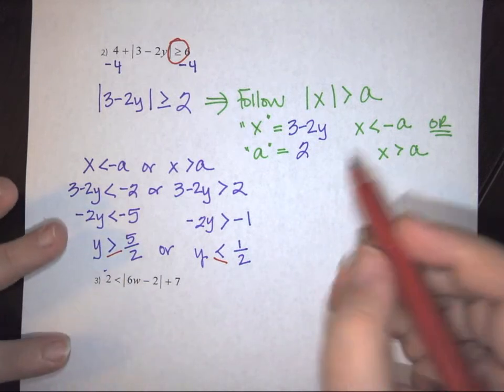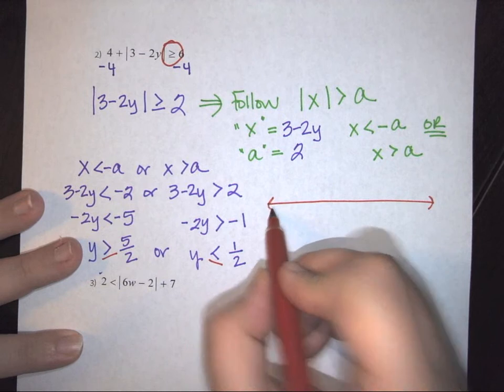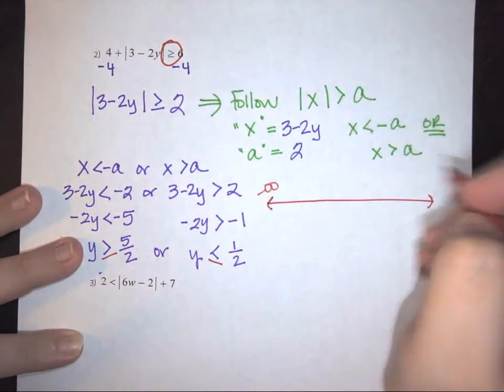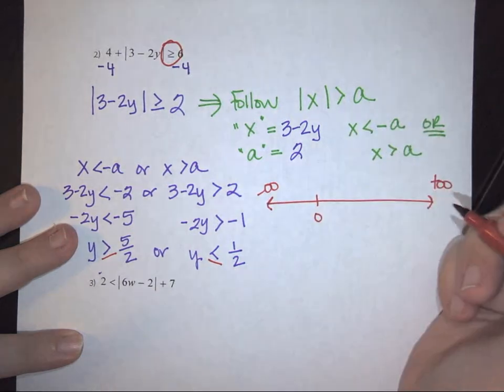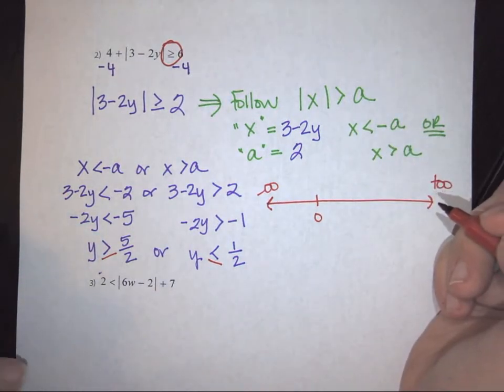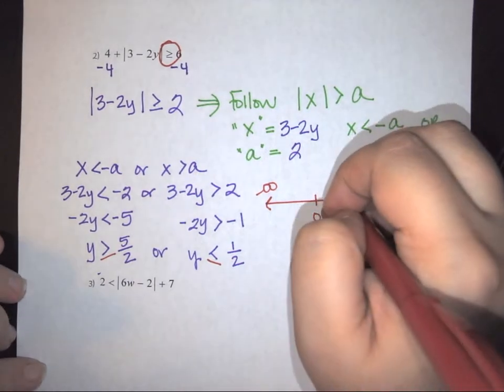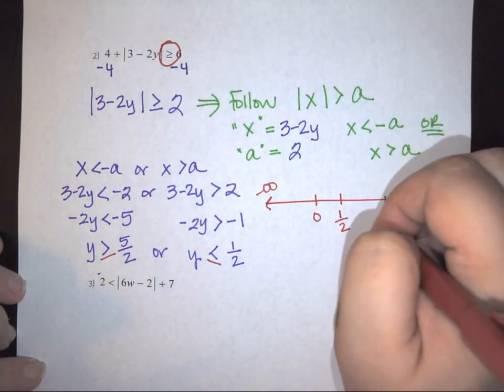That means I can now create my number line. So I have negative infinity to positive infinity. I'm going to go ahead and input my 0. And then I have 2 fractions. I've got the fraction 1/2, and I have the fraction 5/2.